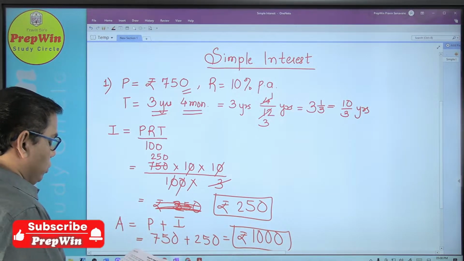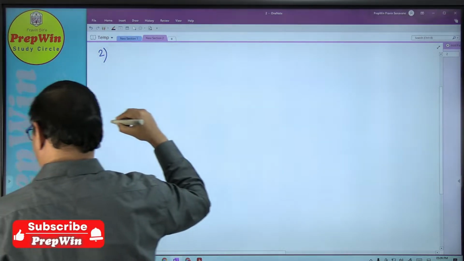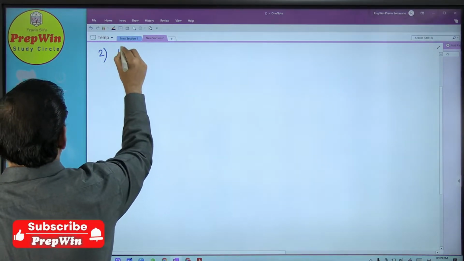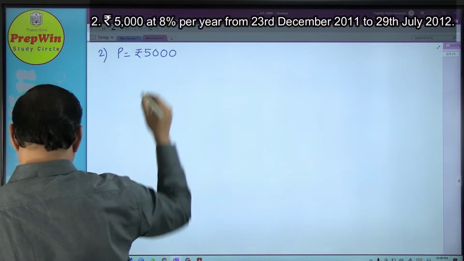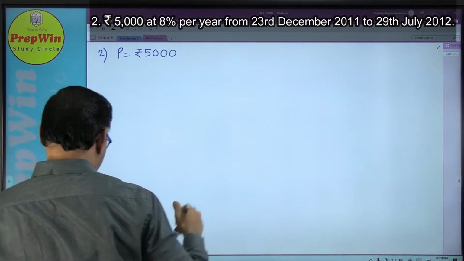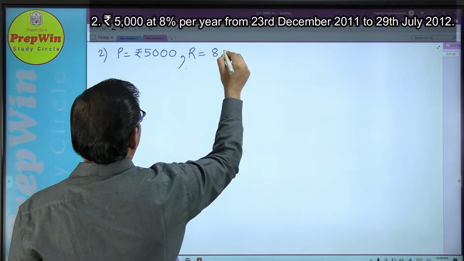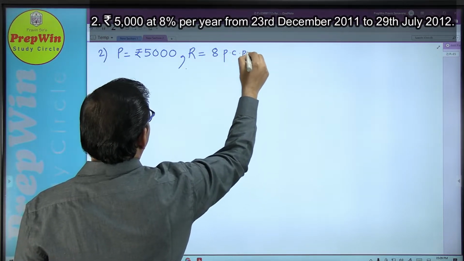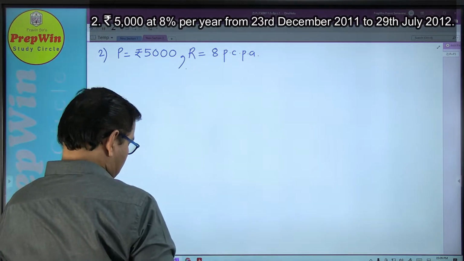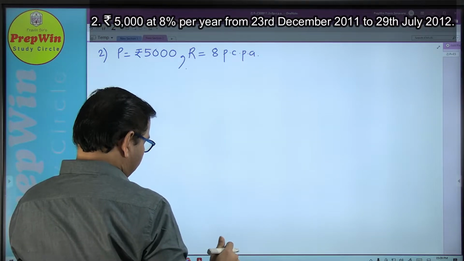This is asked a lot in exams. Sum number 2. In this sum, principal is rupees 5000. Right? And rate of interest 8% per annum. 8 PCPA, that is percent per annum. And now time period is very interesting.